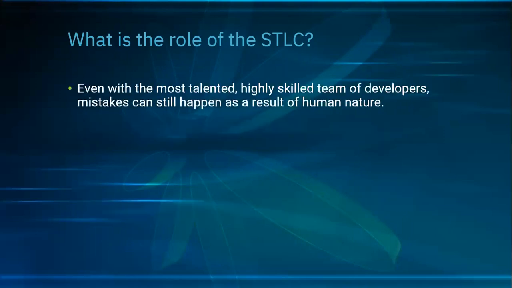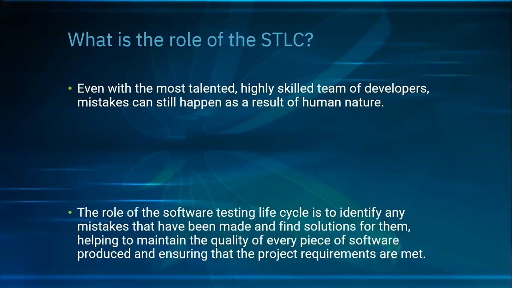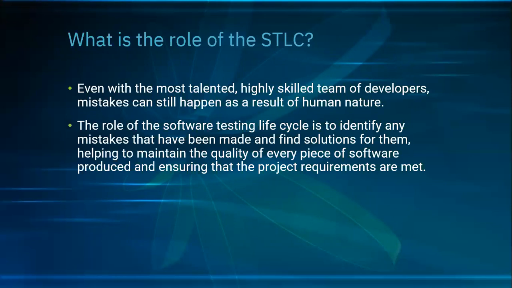So the first thing is, even with the most talented, highly skilled teams of developers, mistakes can still happen as a result of human nature. You know that. Then the next thing, the role of the software testing lifecycle is to identify any mistakes that have been made and find solutions for them, helping to maintain the quality of every piece of software produced and ensuring that the project requirements are met.